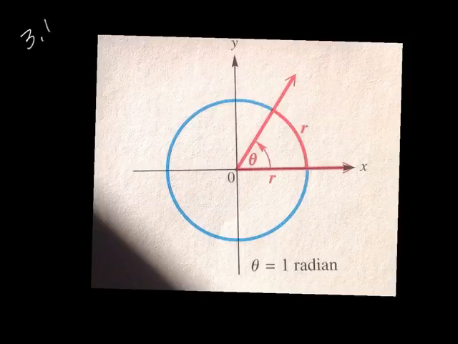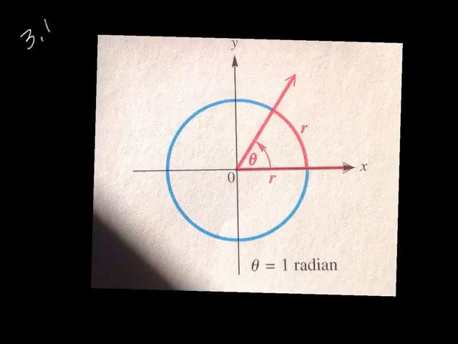Okay, so where they came up with the radian is we have a central angle, such as what I have here, and the central angle has its initial side, the x-axis, with an angle measurement of theta. So this arc is theta, and it intersects this circle right here.